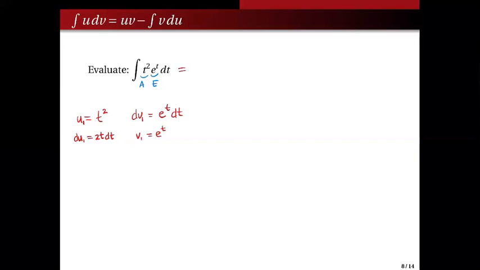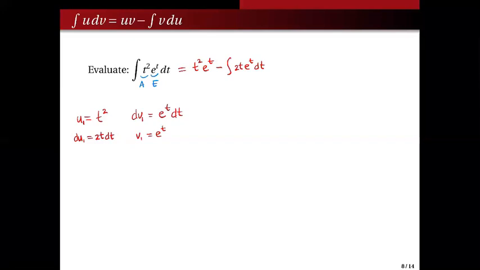So if we apply integration by parts, you have u1 v1, so that's t squared e to the t minus the integral of v1 du1. So you will have here e to the t, and then you have here 2t dt.